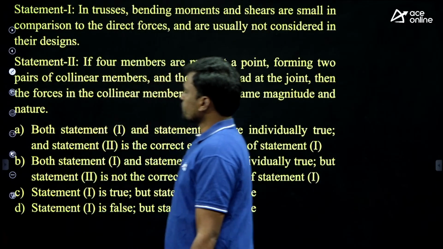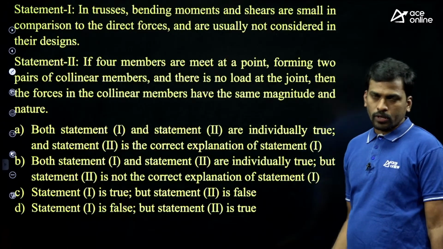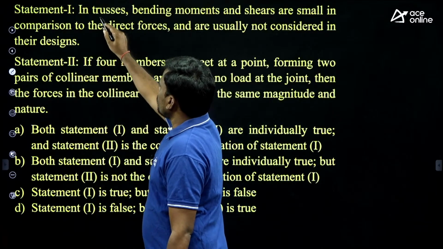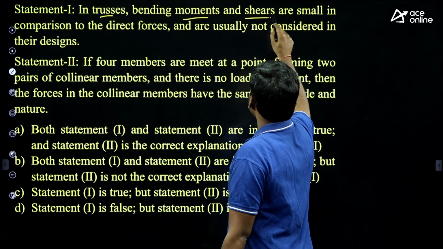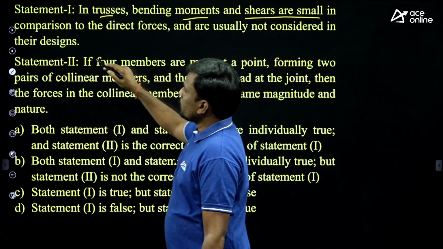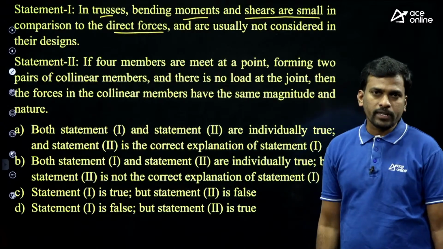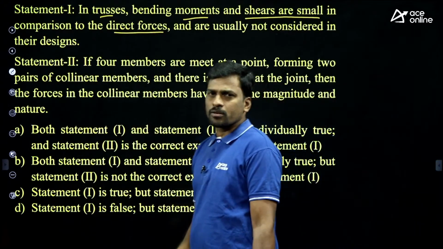Next question. So statement 1, statement 2 questions. Okay, IES. Statement 1: In trusses, bending moments and shear are small in comparison to the direct forces. Direct forces means axial forces, right? Okay, students, I have given a few assumptions.